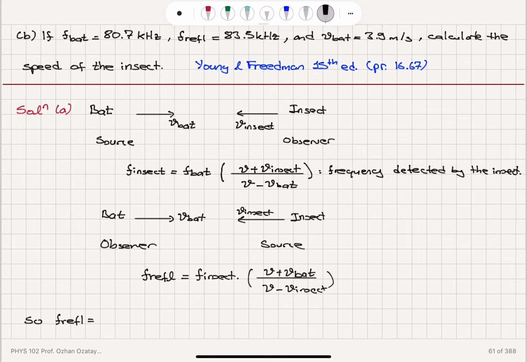So we have to put this in for the frequency detected by the insect. It will be f bat times (v plus v insect) divided by (v minus v bat). That is f insect, and multiplied by this (v plus v bat) divided by (v minus v insect).